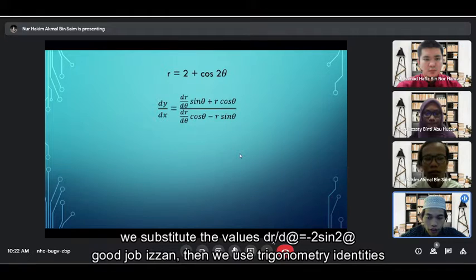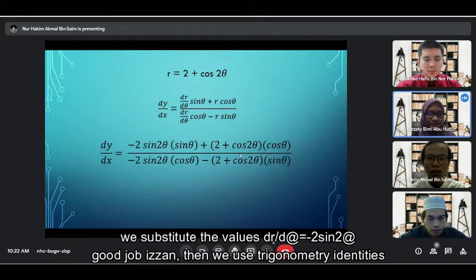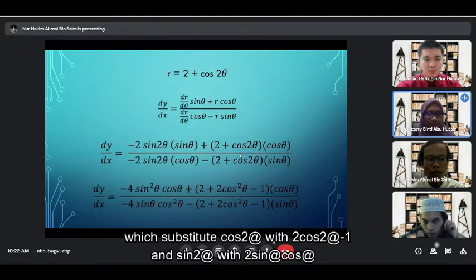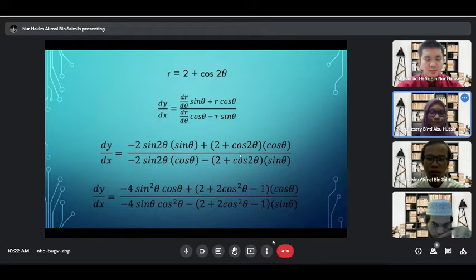We will substitute the values, dr over d theta equal to negative 2 sin 2 theta. Good job, Izan. Then we will use trigonometric identity. We substitute cos 2 theta with 2 cos square theta minus 1 and sin 2 theta with 2 sin theta cos theta.